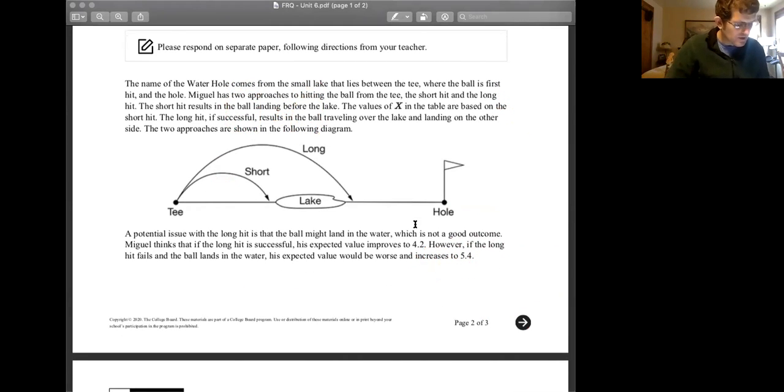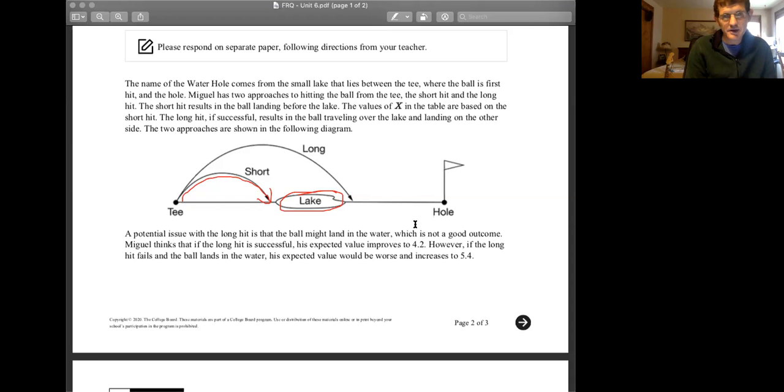All those possible outcomes and then the expected value that we came up with, that was all counting on him shooting short. So apparently there's this lake in the middle of the shot, and all those expected values are assuming that he does a short shot to start off with, and then he goes from there.